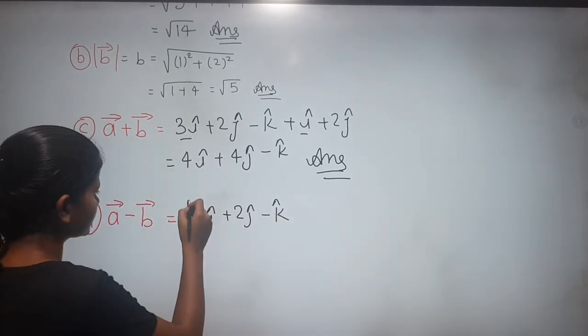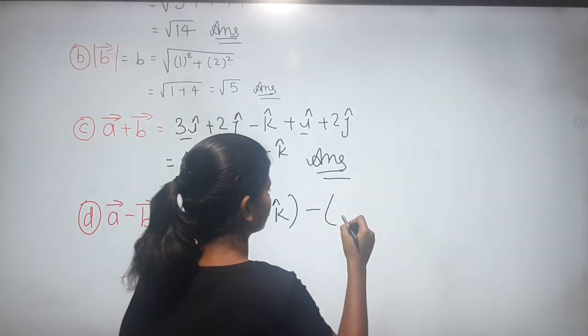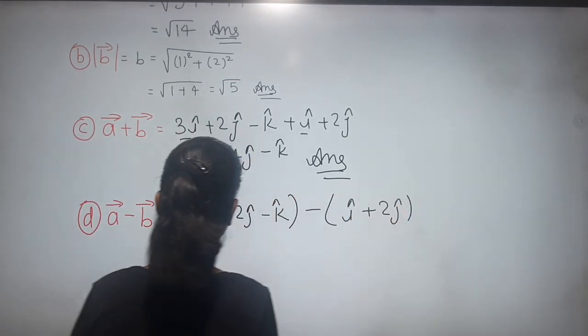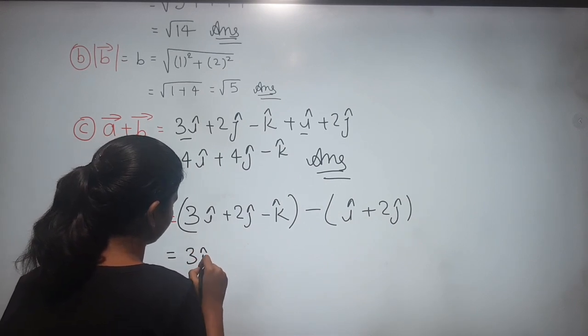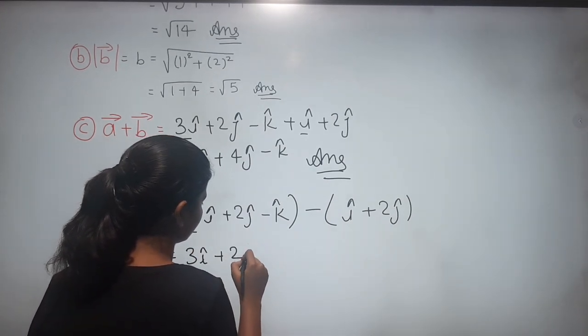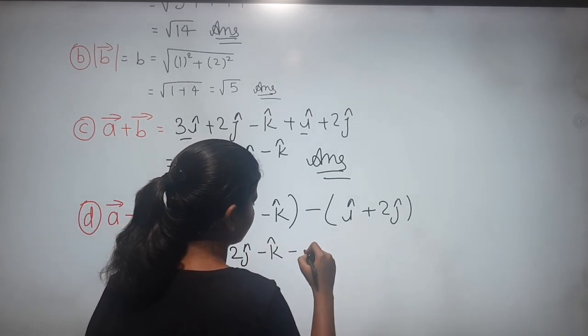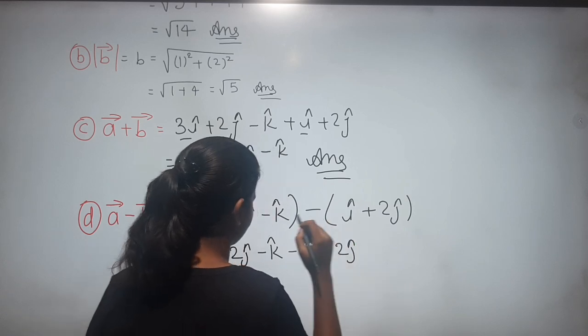This is our A vector. And now minus B vector, that is given, minus i cap plus 2 j cap. Now here we can write 3 i cap plus 2 j cap minus k cap minus i cap plus minus 2 j cap.